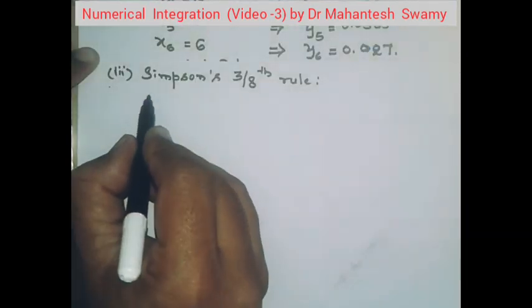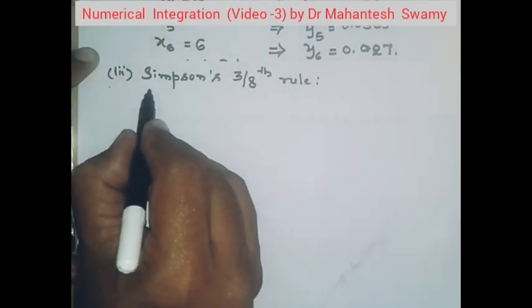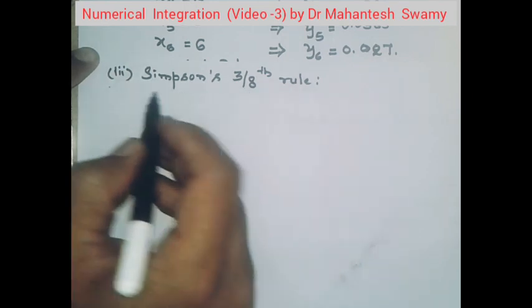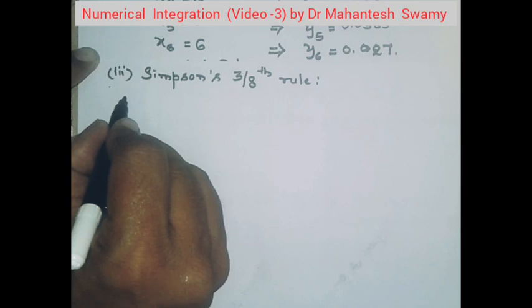Now we have to evaluate the given definite integral using Simpson's 3/8 rule, that is the continuation, and we shall write down the formula.